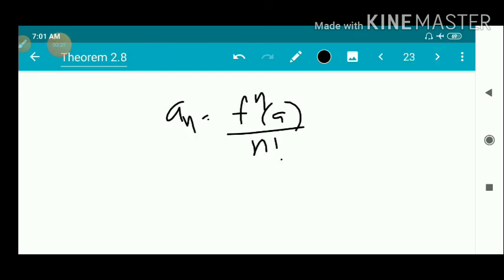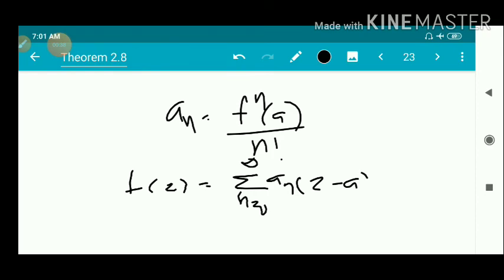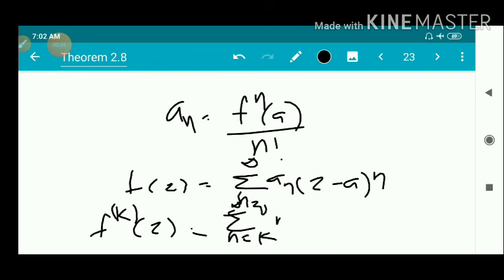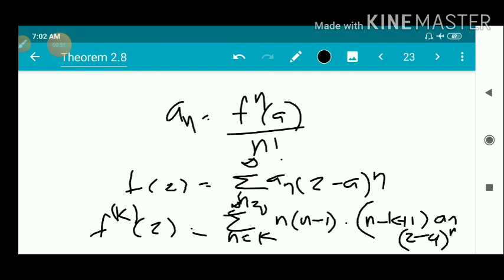That is, we have here f of z equal to sigma n equal to 0 to infinity a n (z minus a) whole raised to n, and the kth derivative f k of z equal to sigma n equal to k to infinity n into (n minus 1) into etc. (n minus k plus 1) into a n into (z minus a) whole raised to n minus k.